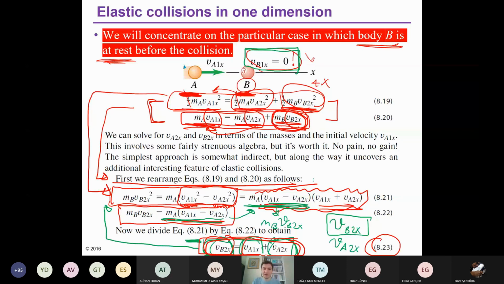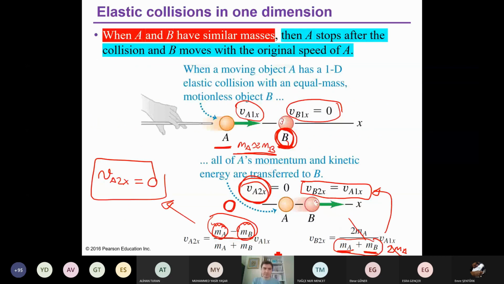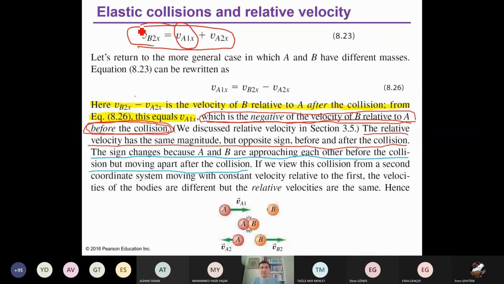Just use this expression here, keep this one here and move this one to the left side. So finally, I have the initial velocity of the A ball on the left, and on the right side, I have the final velocity of the B ball minus the final velocity of the A ball.